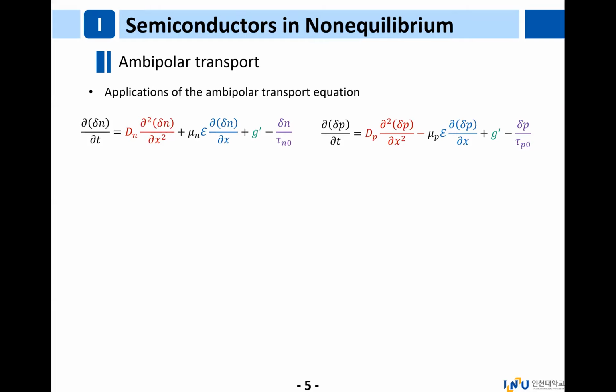Therefore, to calculate the distribution of excess carriers in an ambipolar transport situation, one ultimately needs to solve the corresponding equation. However, this equation is a second-order partial differential equation involving derivatives with respect to both time and position, making it a complex differential equation challenging to solve by hand.